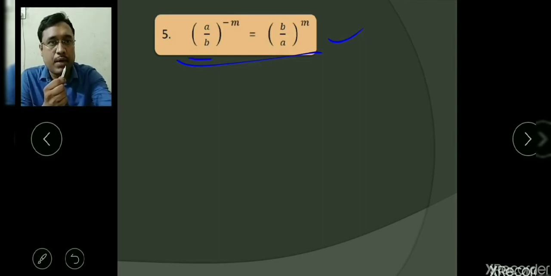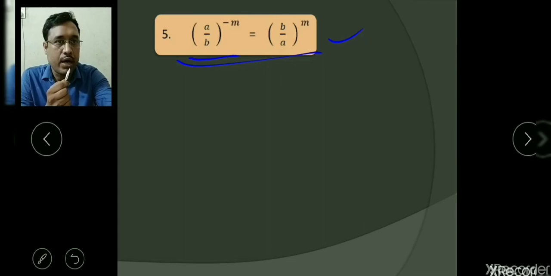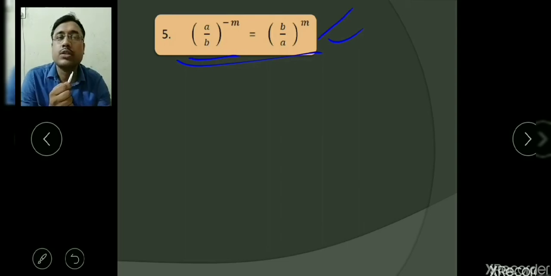Here a by b is the base, a by b on the LHS, a by b raised to the power minus m. On the RHS, b by a is the base. That means we have taken the reciprocal of the base. Reciprocal of a by b is b by a, and the exponent will now be plus m. This you have to see now.